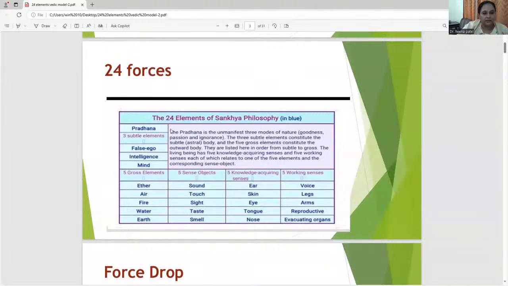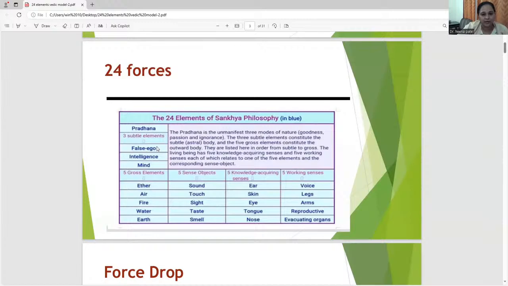It is made up of 24 elements and 3 subtle elements: false ego, intelligence, and mind. Mind, we all know. Intelligence is buddhi, and false ego is who we think we really are. The real ego is different, and it's basically spirituality.